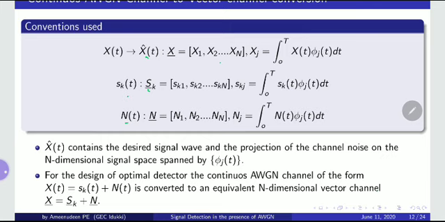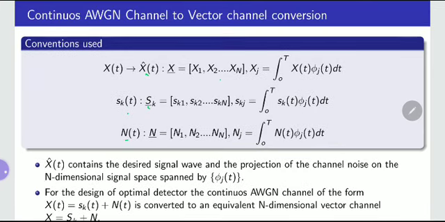X of t is converted to vector x, sk of t is converted to a vector sk, and n of t is converted to n. So all these vectors are n-dimensional as given here. So this is how a continuous AWGN channel is converted to a vector channel.